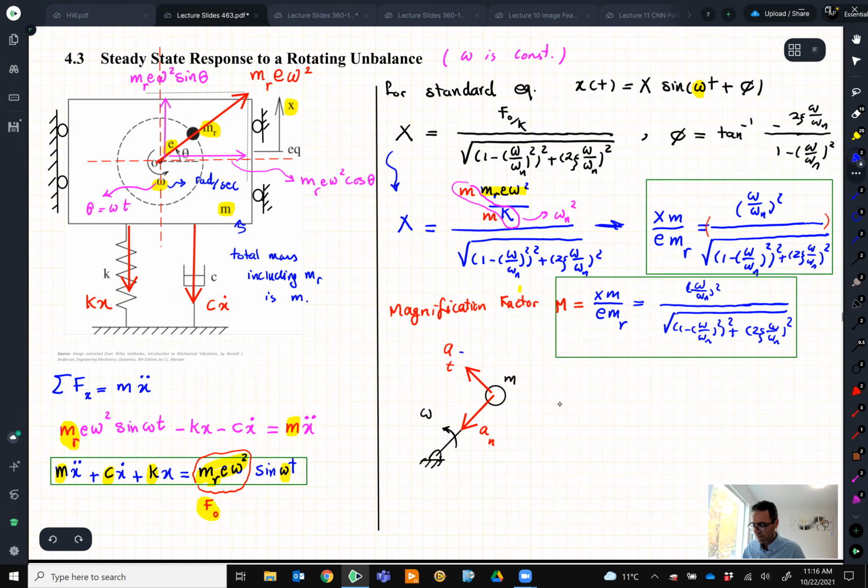In this case we don't have any A_T, which is R alpha, and A_N is R omega squared. We call them the normal acceleration and tangent acceleration, correct? Now, for just this mass, you say this mass has a tension T applied to it from this link, and that's the only force on this mass.